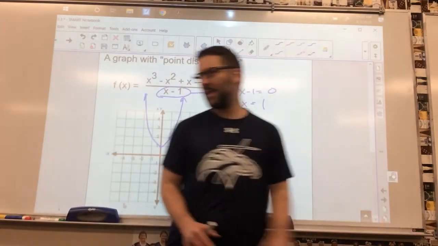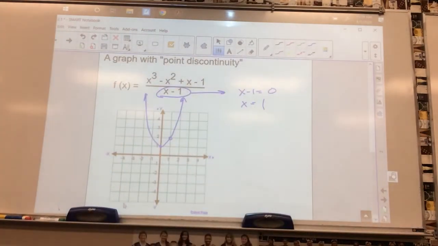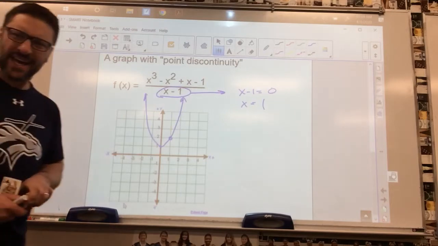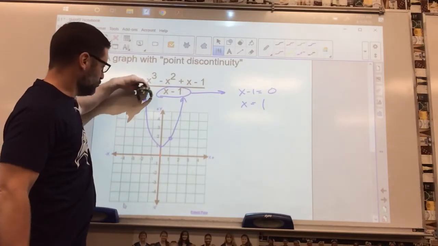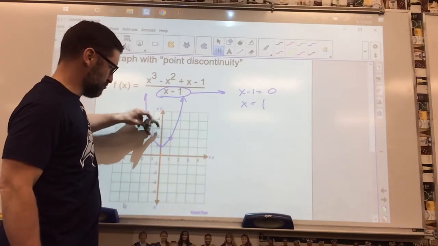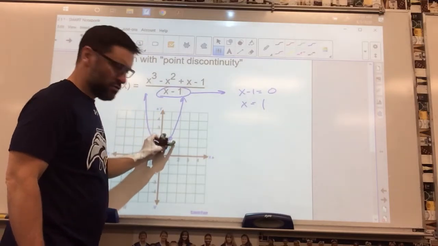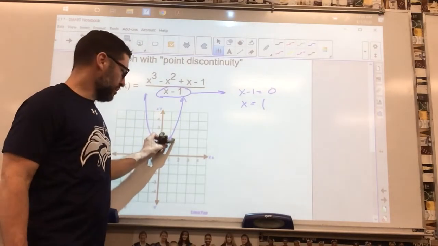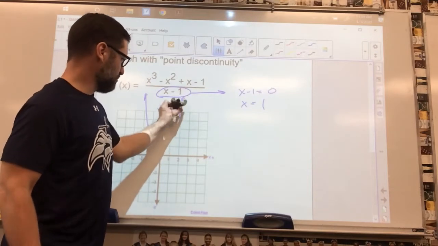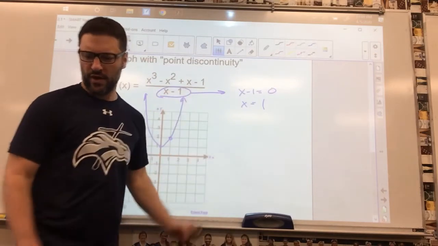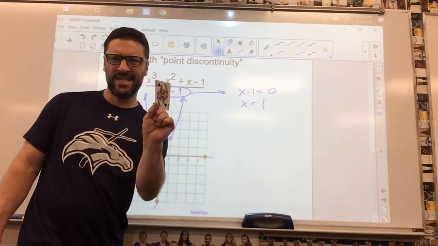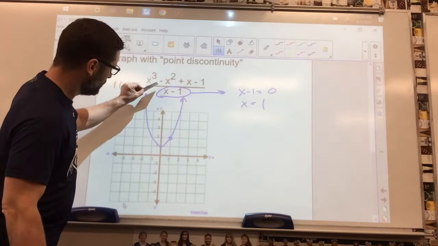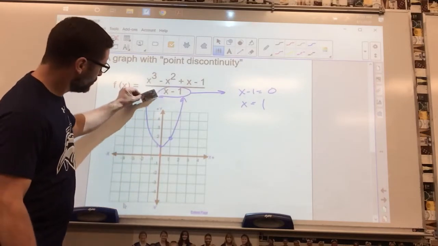And here, let's have some fun with this. There's a little hole there. But that hole is really kind of skinny.